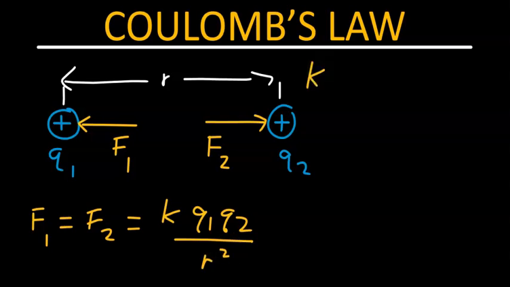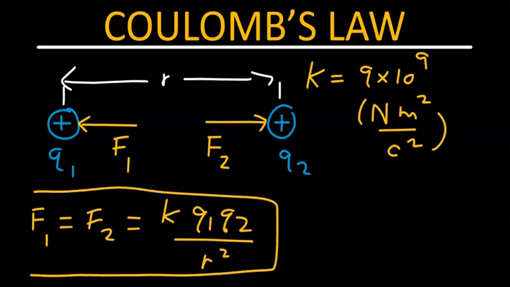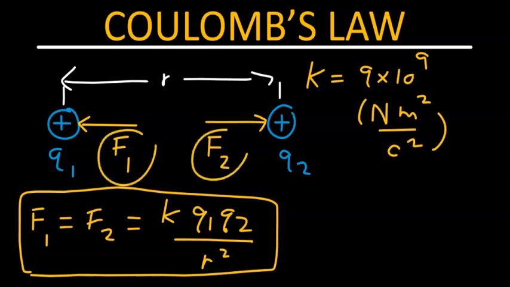Now K is a constant whose value is 9 times 10 to the power 9, in units of Newton meters squared over Coulomb squared. This expression is known as Coulomb's law. Force is a vector, so naturally we need to identify the direction of F1 and F2.